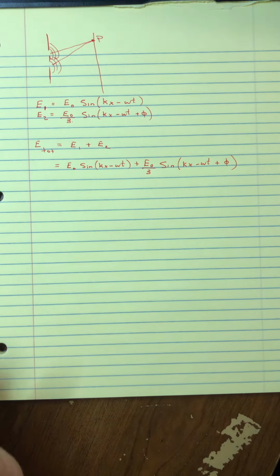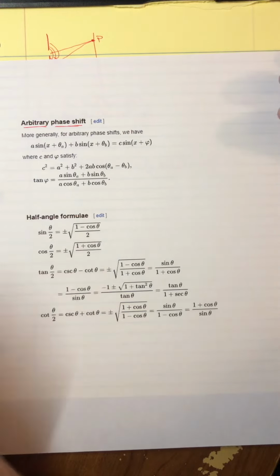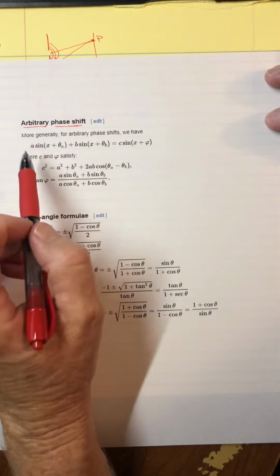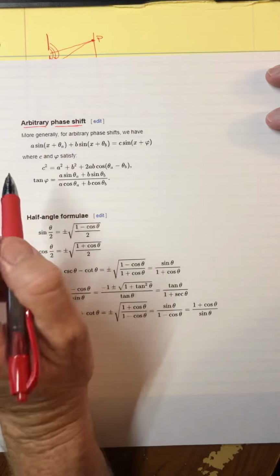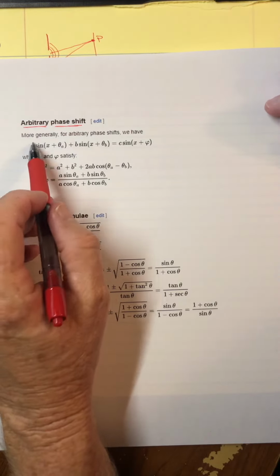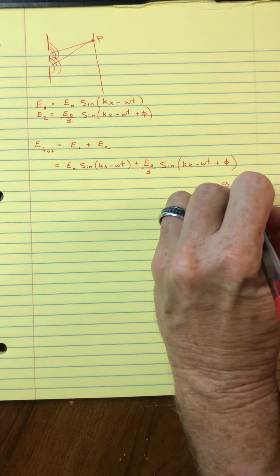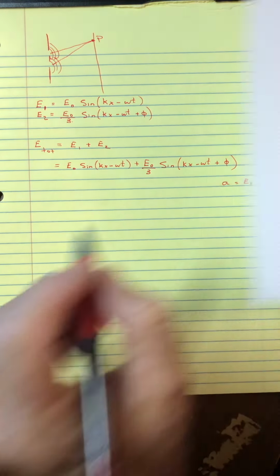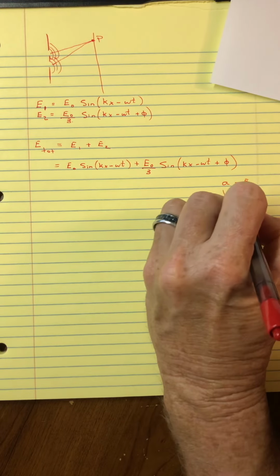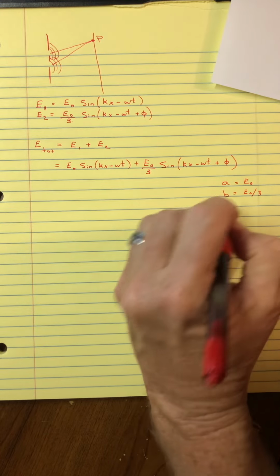And again, not proving this trig identity, but just looking it up in a book here. I know our Appendix B doesn't do the general one, so I had to go to my math book and look this up. And here's what it's saying. So in my case, I guess I would call little a E naught and little b E naught over 3.